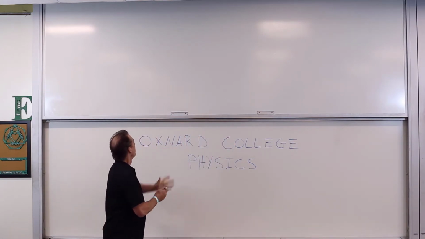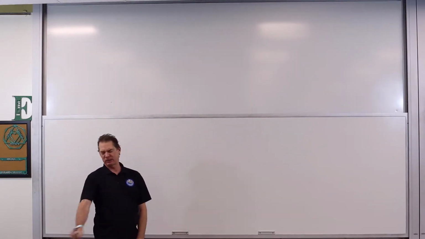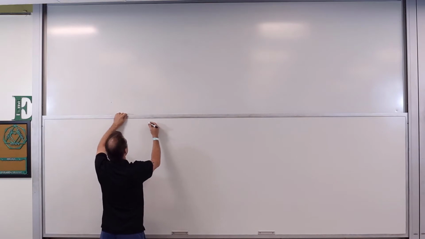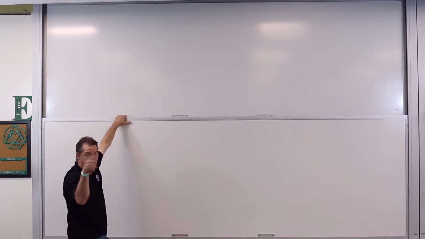All right, so let's just go ahead and do that. We're going to take a look at a parallel plate capacitor and just talk about charging it. We're not really looking at the time evolutionary behavior yet.